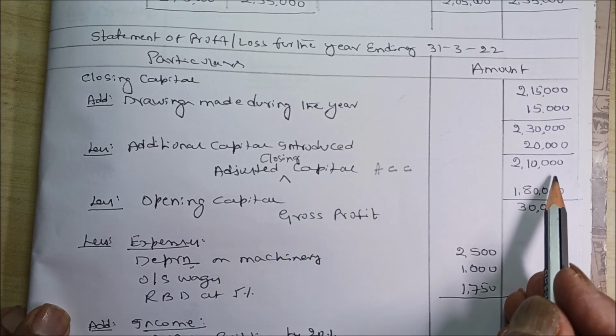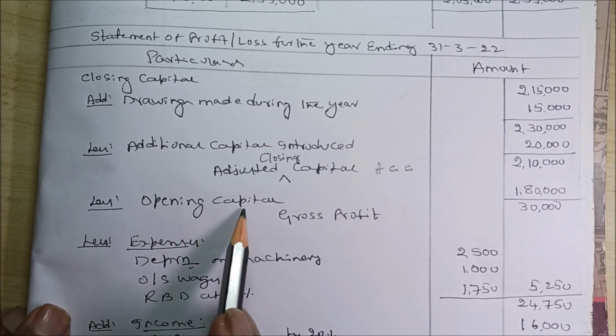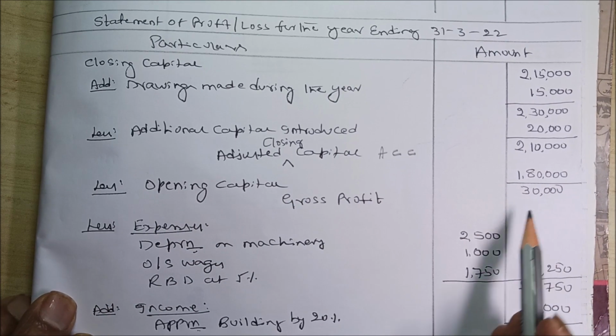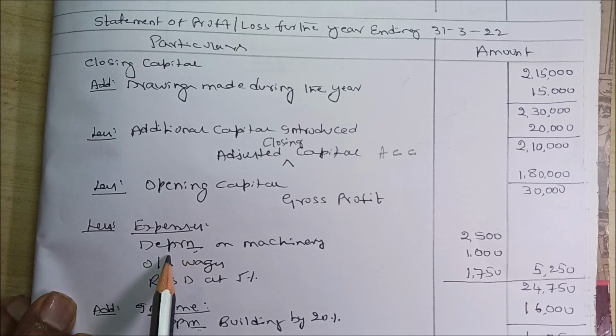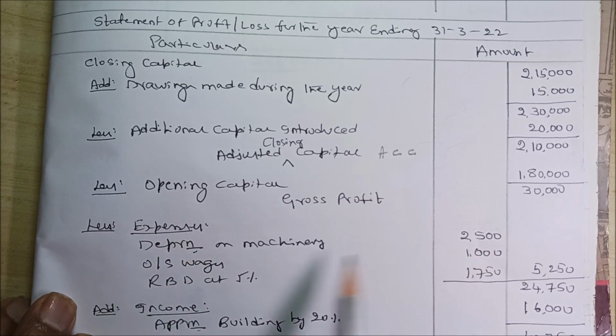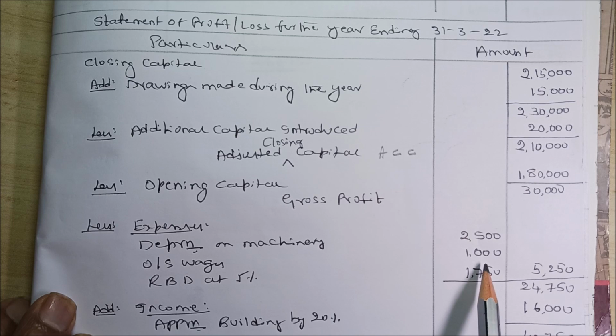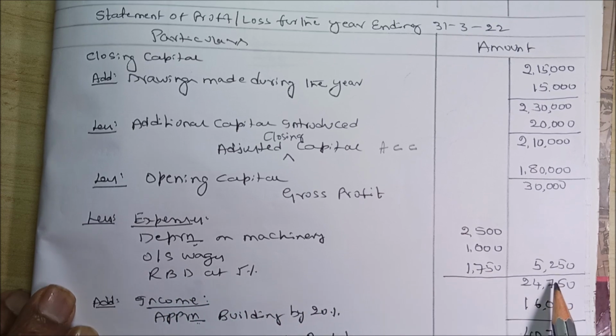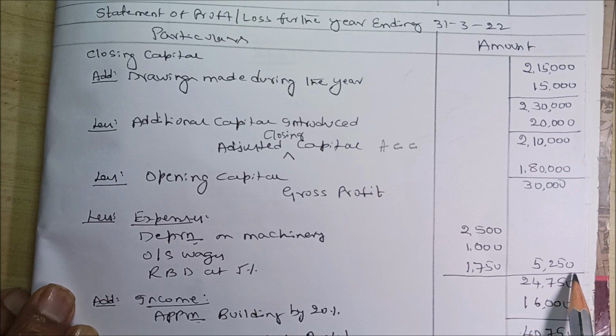Adjusted closing capital 2,10,000, less opening capital 1,80,000, gross profit is 30,000, less expenses: depreciation on machinery 2,500, outstanding wages 1,000, then RBD at 5%, 1,050, then it becomes 5,250.